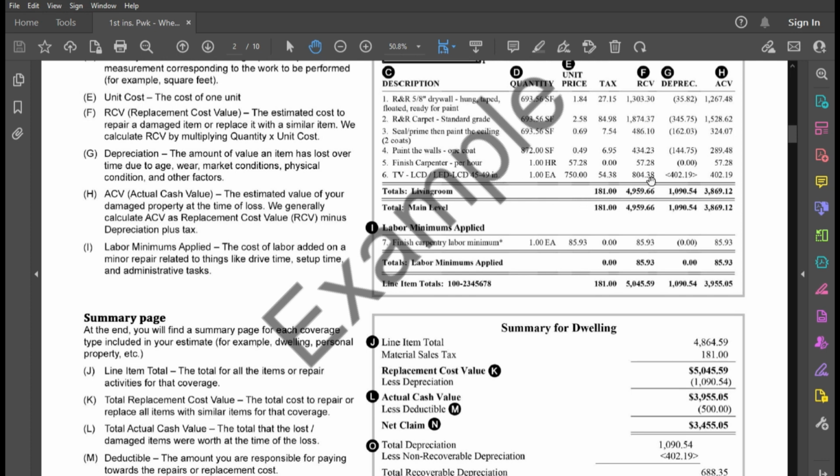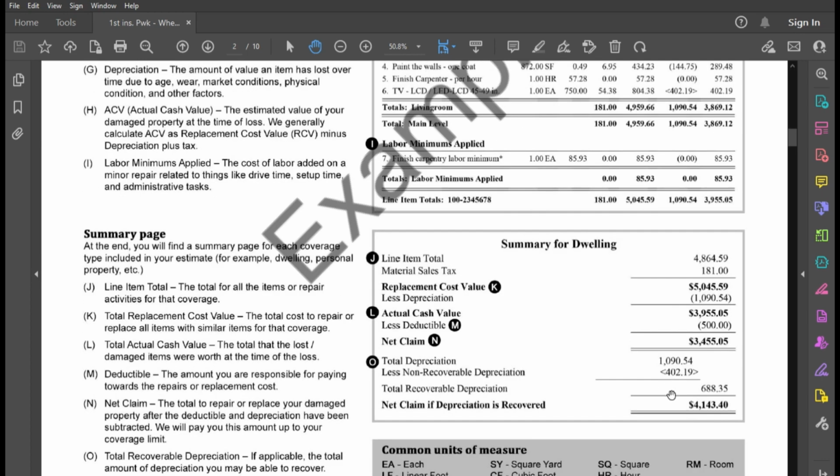Okay? So when it comes to certain things, they're just not going to pay that. They're saying you got to pay this. So that's what non-recoverable depreciation is. They're not going to give you a chance to get it back, even if you replace the item back to new. So since you're not going to get it back, what are they going to do? They're going to take it out of your depreciation.